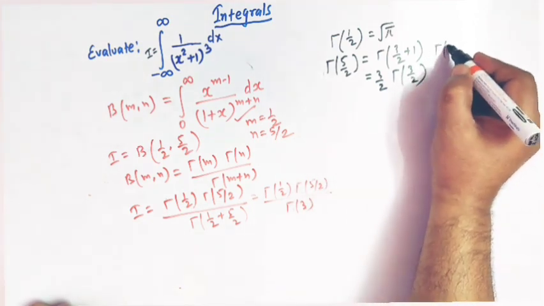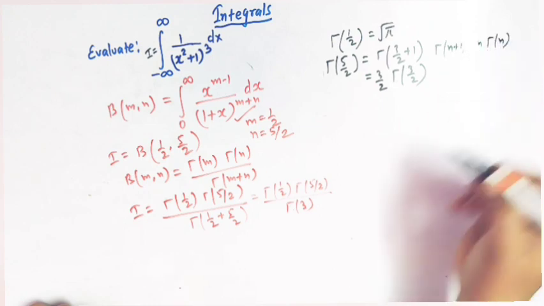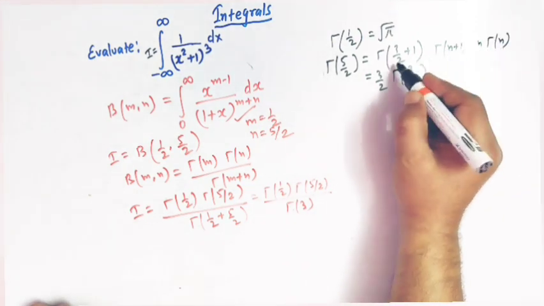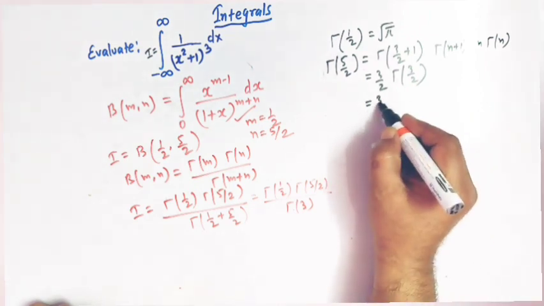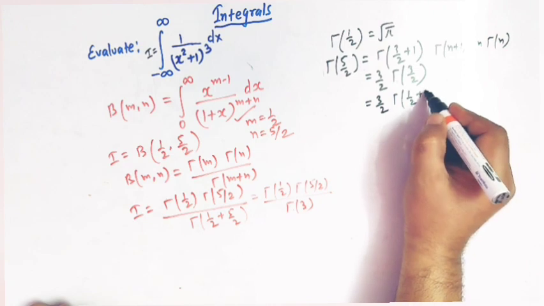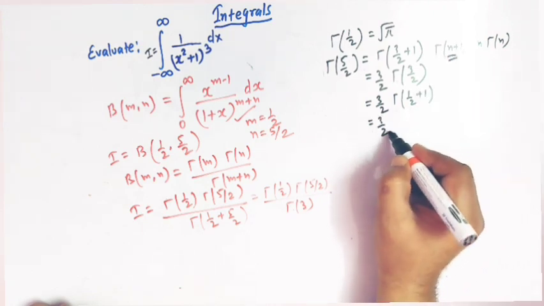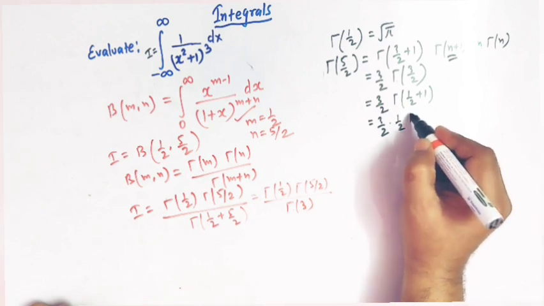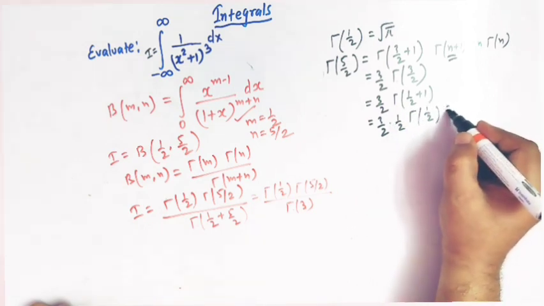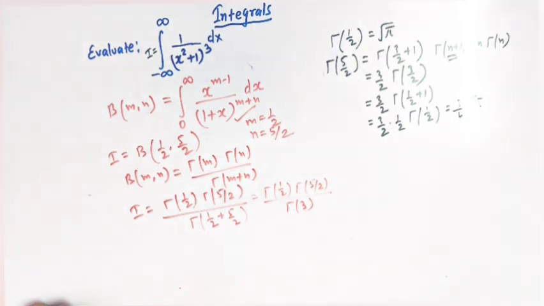Because we know that gamma of n plus 1 is equal to n times gamma of n, right? So n is 3 by 2. Again, we can split 3 by 2 as half plus 1 and apply this rule again. So we have 3 by 2 times half, gamma of half. So this is 3 by 4 times square root of pi, right?